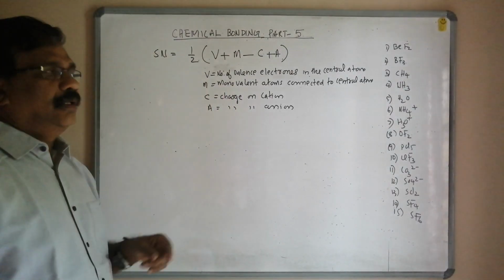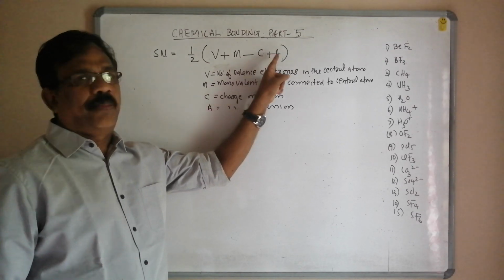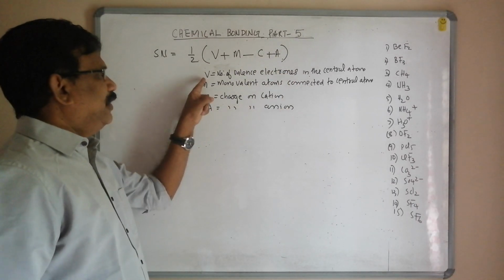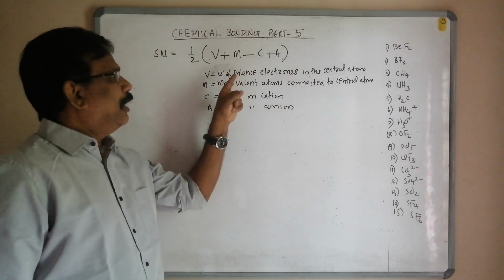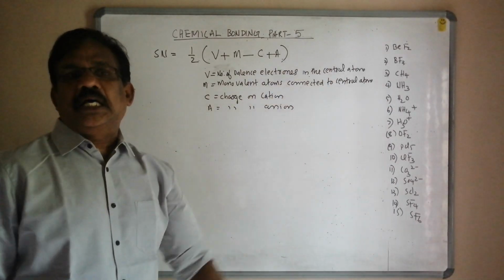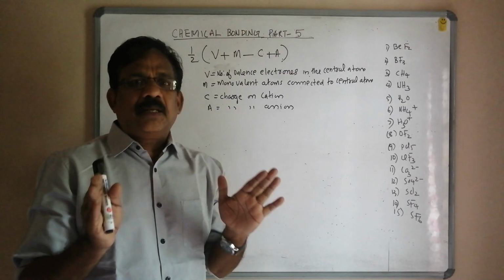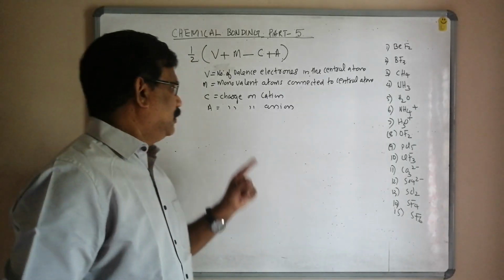Steric number is half into V plus M minus C plus A. V is the number of valence electrons present in the central atom, and M is the monovalent atoms connected to the central atom.